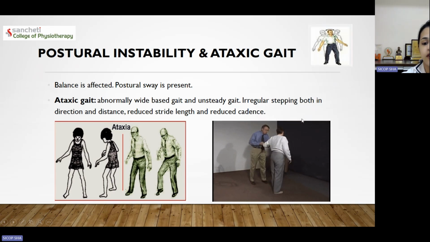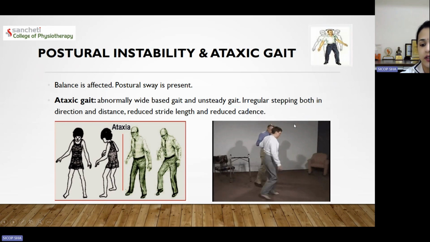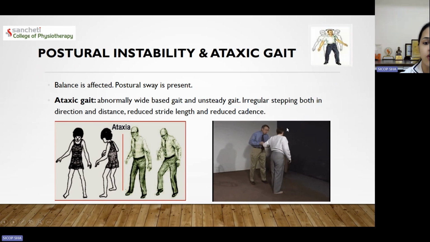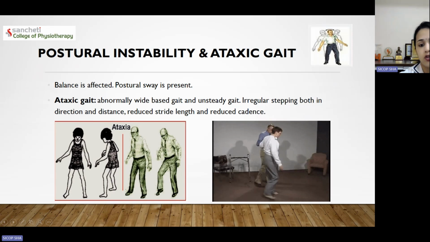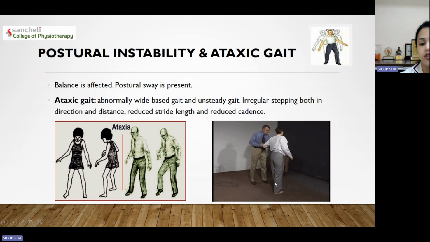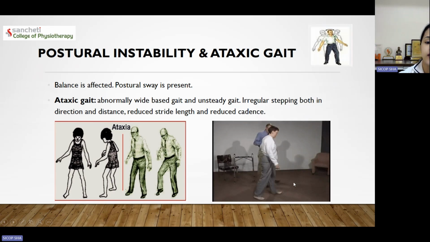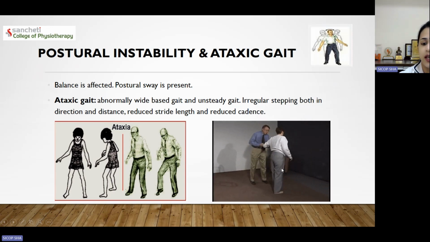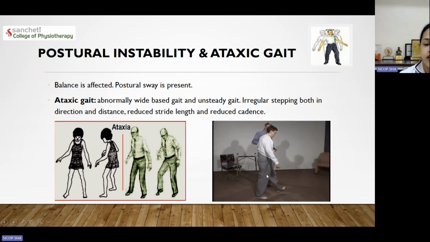Then there is going to be reduced stride length because of this and reduced cadence as there is going to be a lot of postural instability during walking. So the cadence is also going to get reduced. So ataxic gait is wide-based gait, which is unsteady, with irregular stepping. You can see the extremity sometimes going into hyperextension to maintain that balance. Okay. And cadence is reduced.